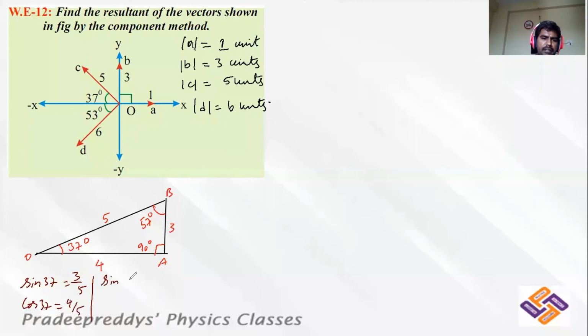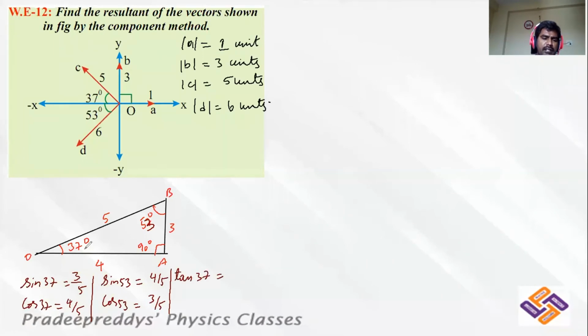Sorry, this is 53. Sine 53 is 4 by 5. And what about cos 53? Cos 53 is equal to 3 by 5.